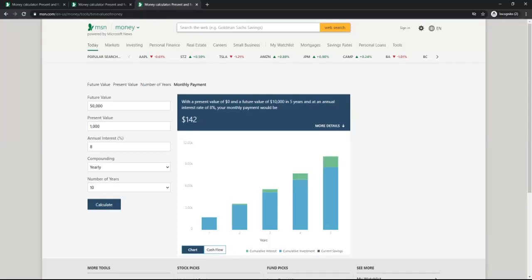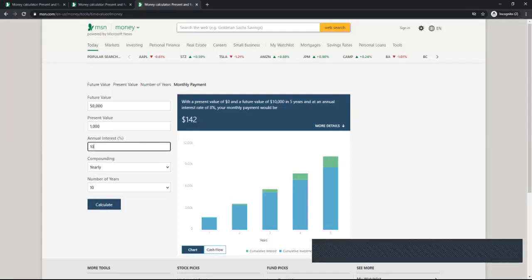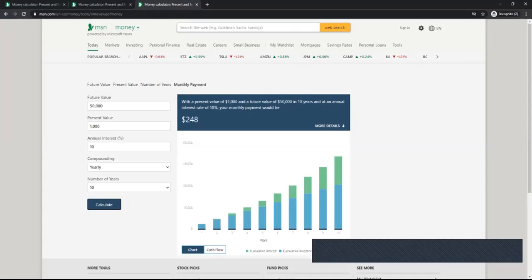You want to know how much to put in every month for a future value of $50,000 over 10 years. You would need to put in $248 every month to have a future value of $50,000 if you already have $1,000. Now, if you don't have any money invested, you would have to put more.